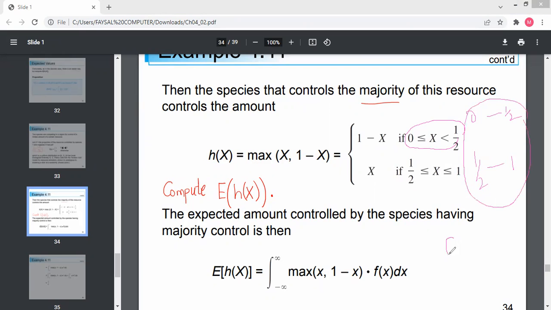So the function starts from 0 and ends at 1. This is the basic rule: if there is a complete interval from 0 to 1, I have to split my piecewise function. So the piecewise function will be 0 till 1 upon 2 and 1 upon 2 till 1.